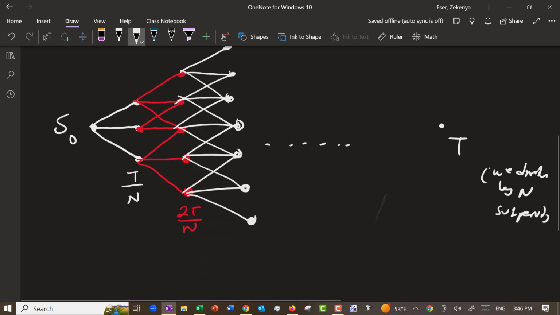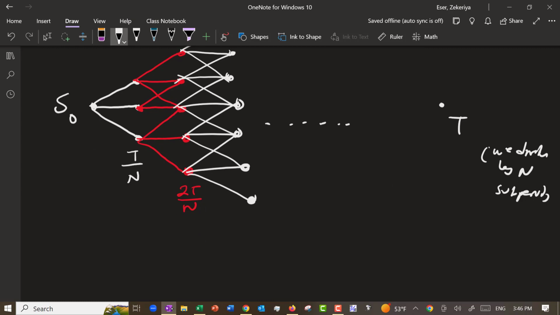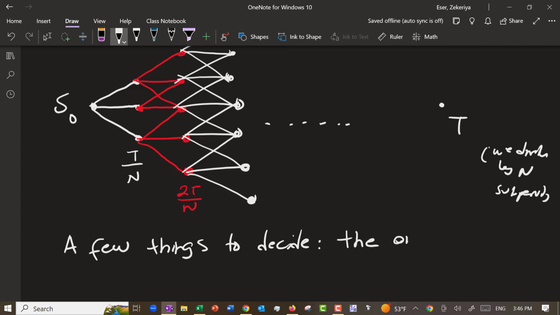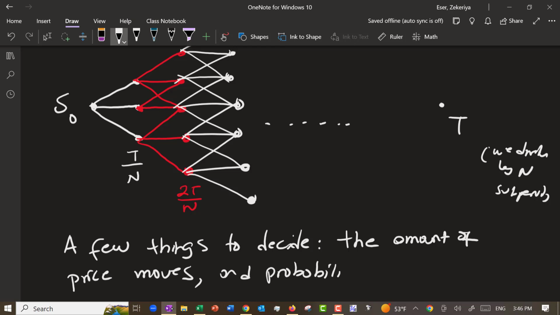So we have a few things to decide: the amount of price moves and the probability of making those moves.